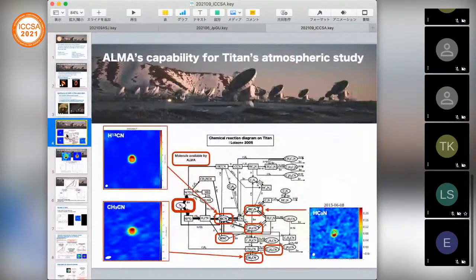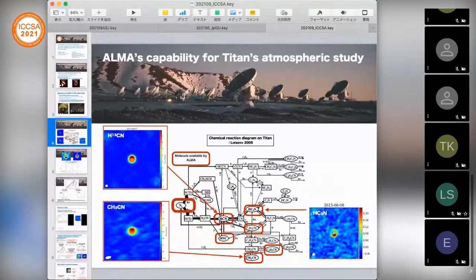And what is observed by ALMA's high capability in Titan's atmospheric study is here. This is the schematic diagram of chemical reactions on Titan.